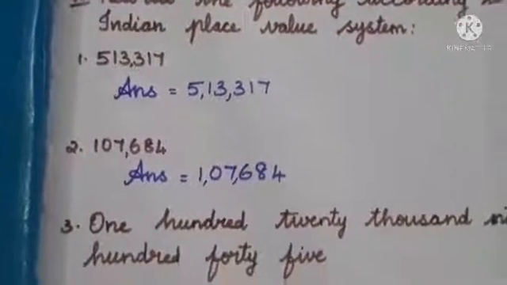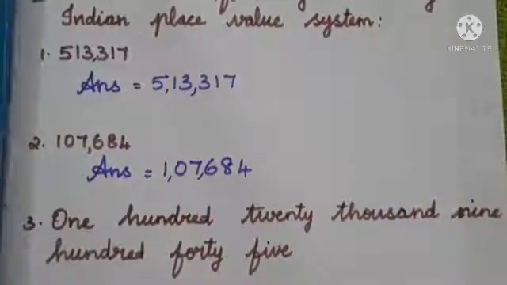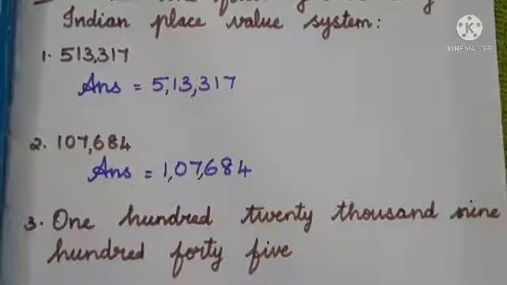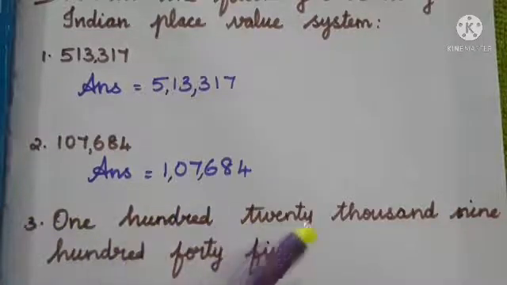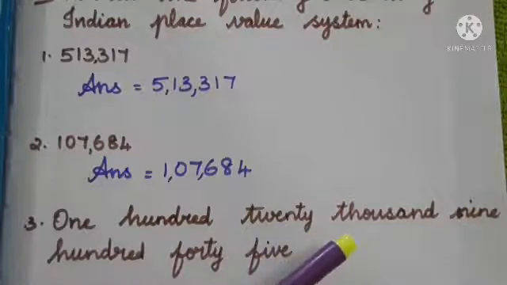In the next question they have given the number in number name form. We want to write this number name into numeral form, in the Indian form. Have you understood? Listen, they have given 100 20,000, 20,945.